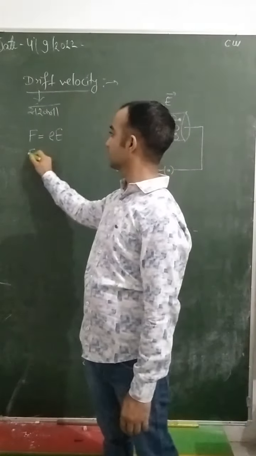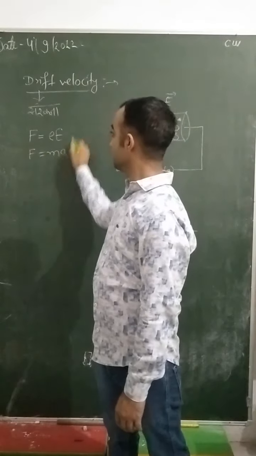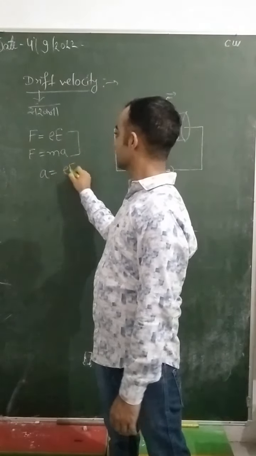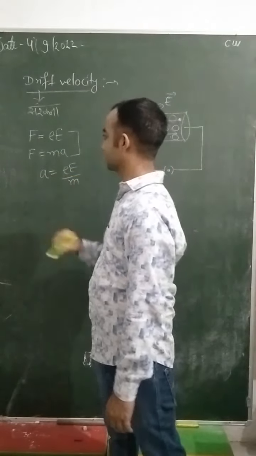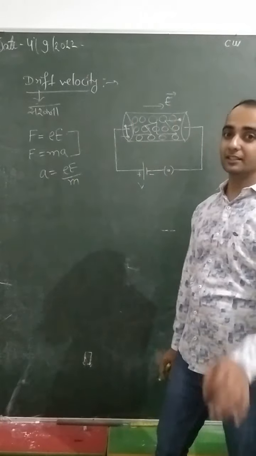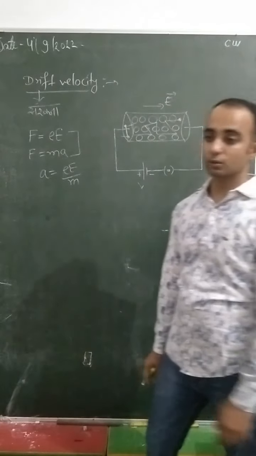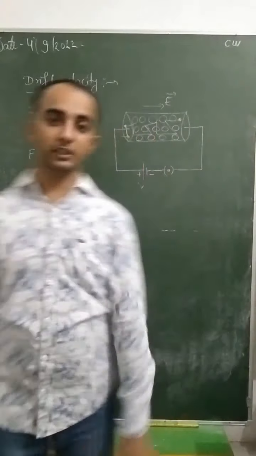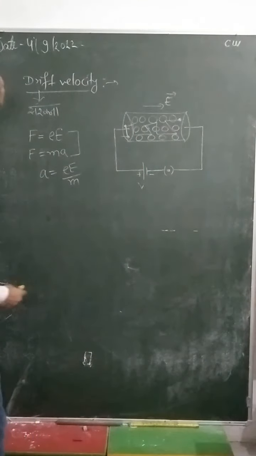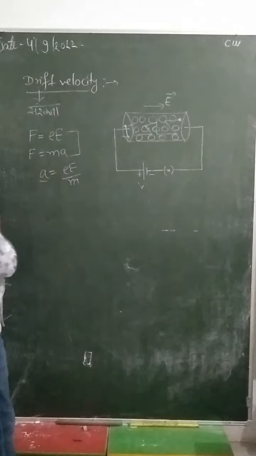According to Newton's second law, F is equal to ma. Comparing these two equations, we get a is equal to qE upon m. So this is the acceleration produced in the electron on applying a potential difference or an electric field.